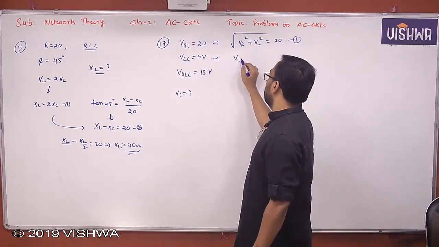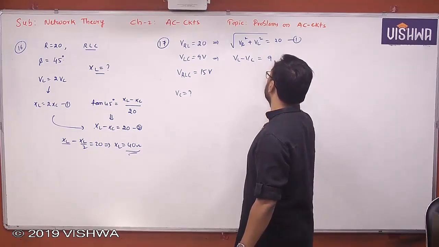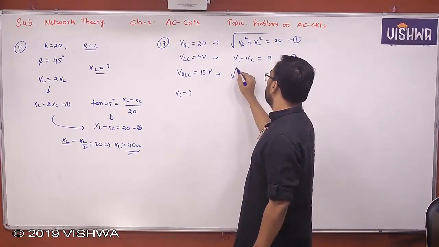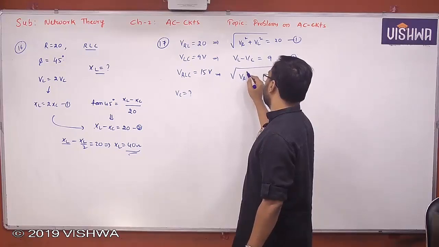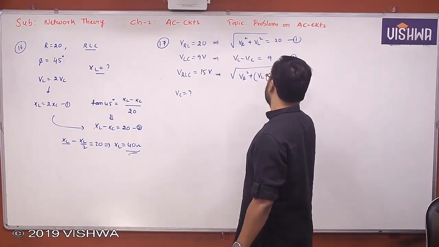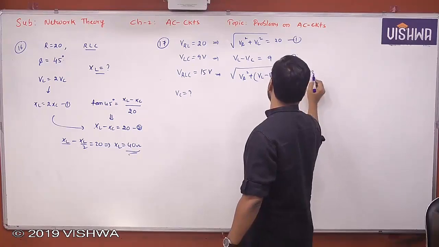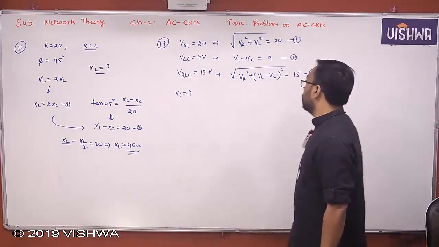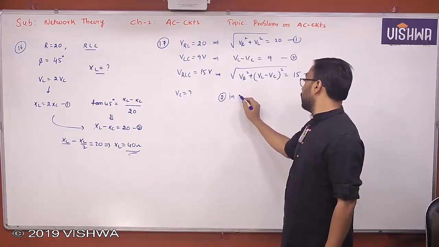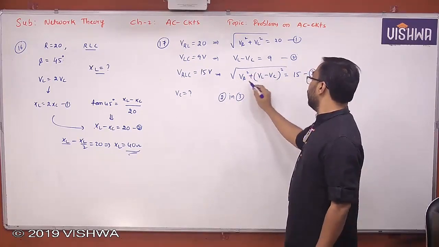From this we understand VL minus VC is equal to 9 volt. And from this we understand root of VR square plus (VL minus VC) whole square is equal to 15. Equation 3. It's very clear that if you substitute 2 in 3, you get VR. Yes or no?